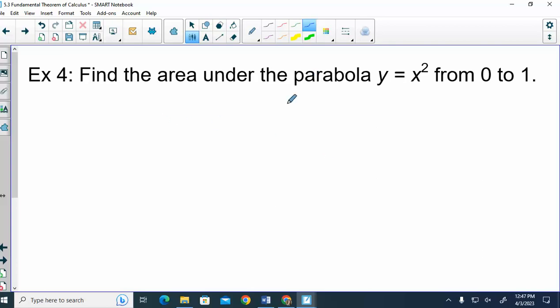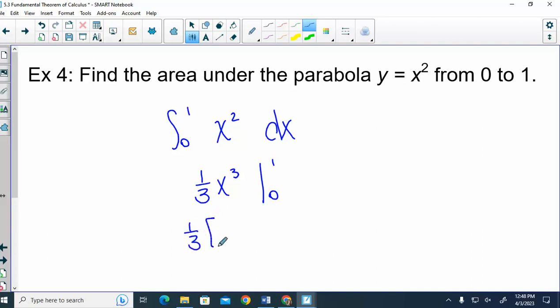Area under a curve means the antiderivative from 0 to 1. x squared, what is the antiderivative of x squared? 1/3 x cubed, from 0 to 1. You can keep the 1/3 with it, or you can pull the 1/3 out and just do 1 cubed minus 0 cubed.